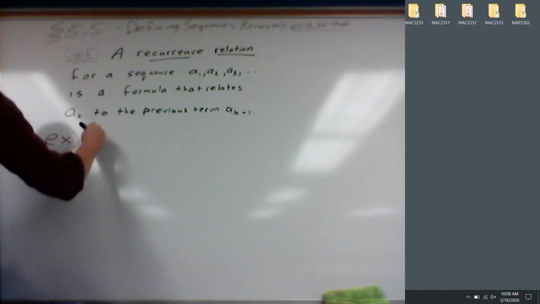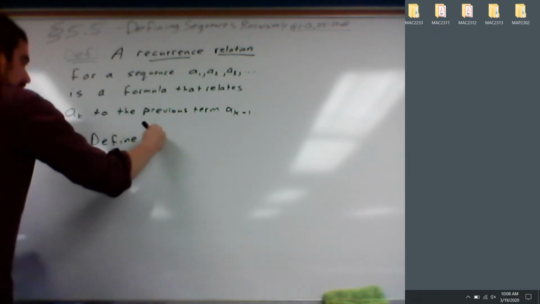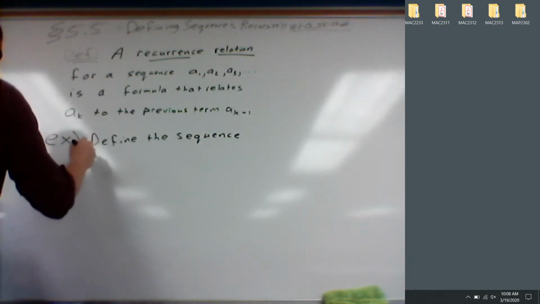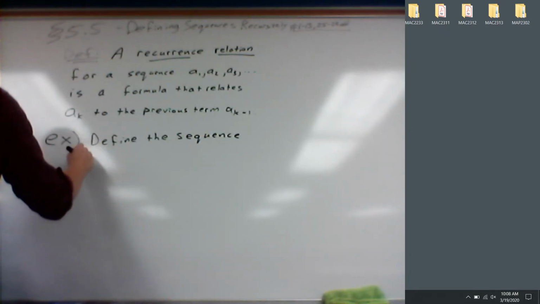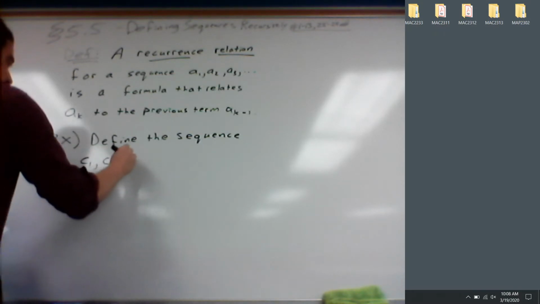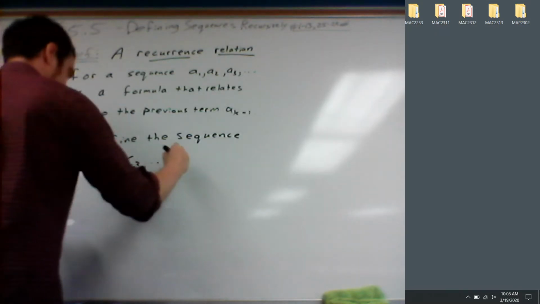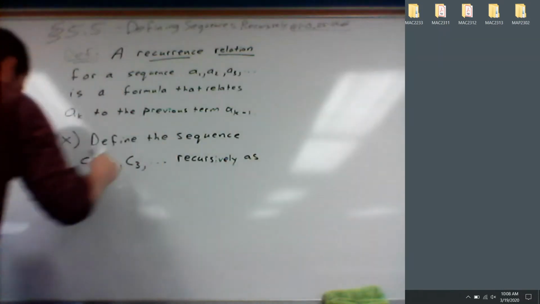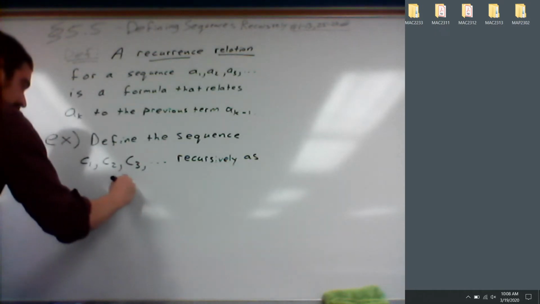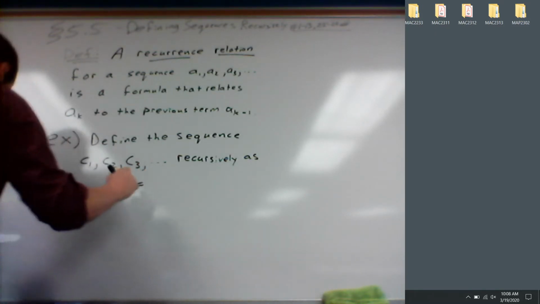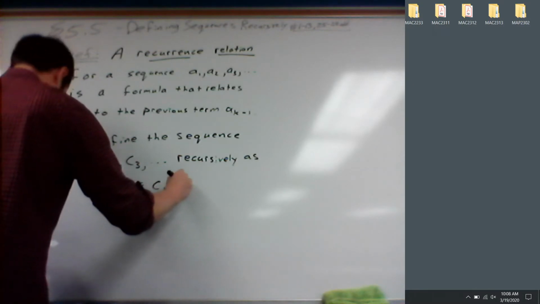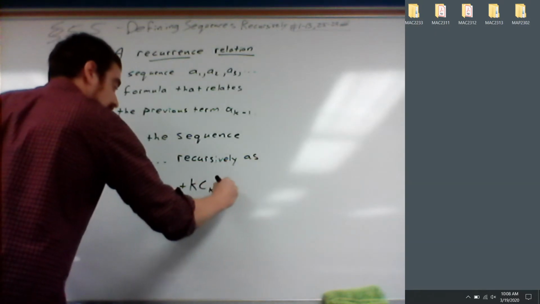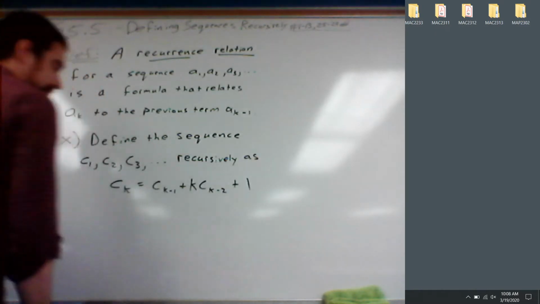Let's say we want to define the sequence, and since we already used a, let's call it c1, c2, c3, and so on, recursively. They'll give you some sort of formula. The formula for c sub k is c sub k minus 1 plus k times c sub k minus 2 plus 1.